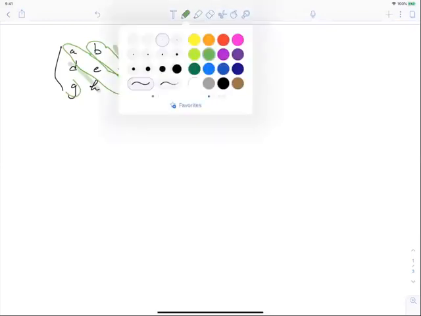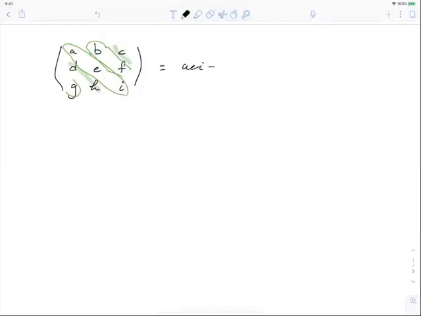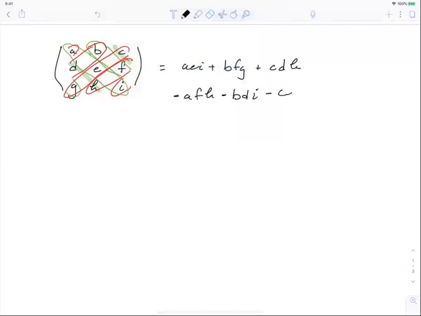So for the positive diagonals, we have AEI plus BFG plus CDH. Those are the plus diagonals. And then for the minus ones, we have the ones oriented the other way. So for the minus diagonals, we're going to have minus AFH, minus BDI, and minus CEG. So these come from the formula we did last time. That's the formula and how we do it.